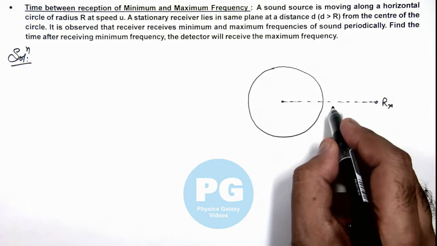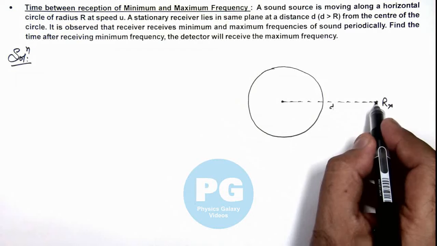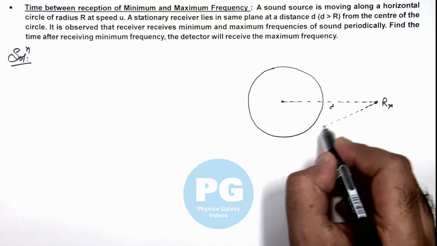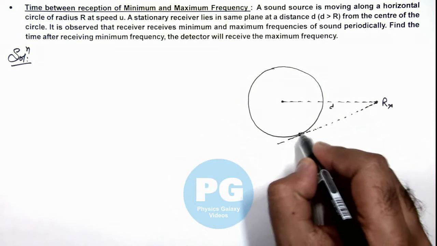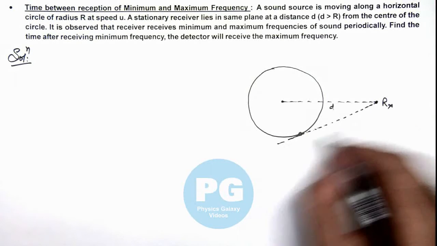So in this situation, when the source is moving, we can say the receiver will receive maximum frequency when the source is located along the tangent line passing through the receiver.